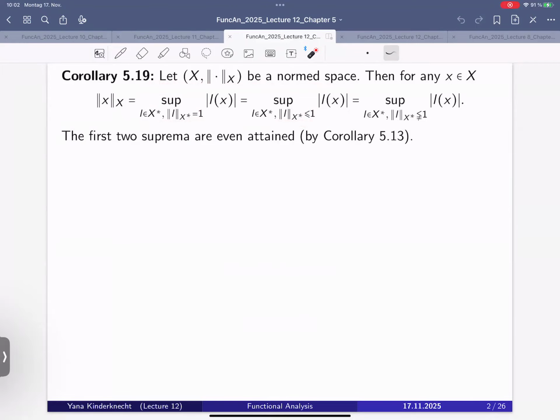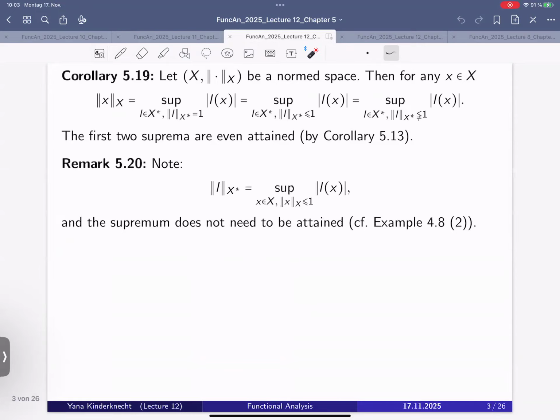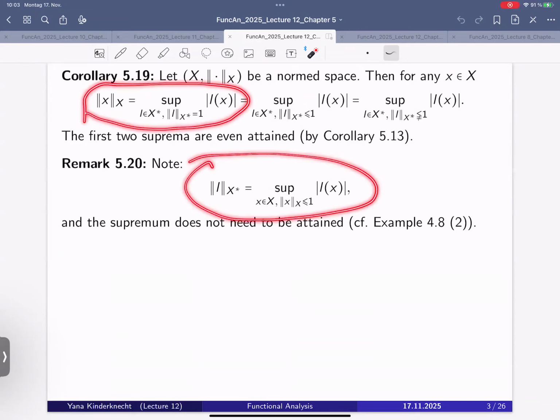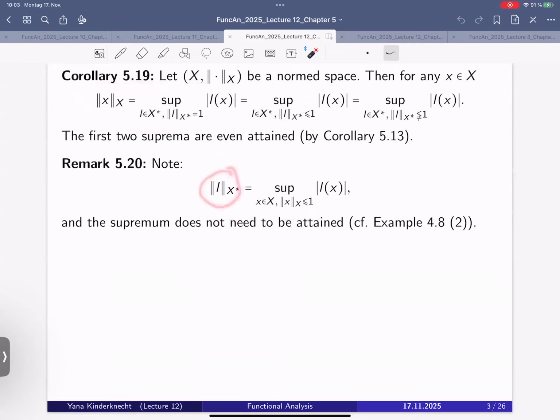Before we prove it, a remark. Let us just compare this thing and this thing. This is the operator norm of a linear functional as we have defined it already in the very beginning. So the norm of a linear functional is the supremum over such absolute values of evaluations at points, where points are from X, from the open ball of radius 1 around the origin.